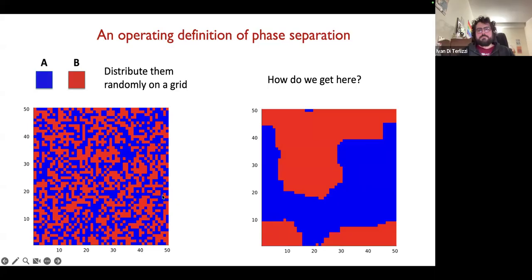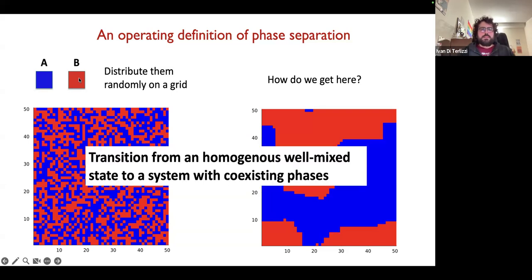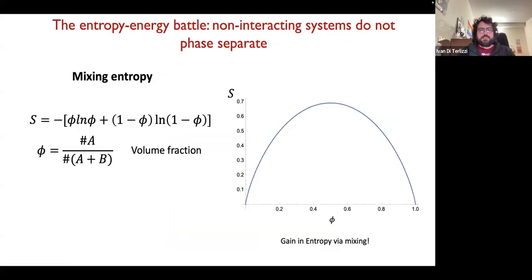A phase separated state instead would look something like this. You see you have these red regions and these blue regions. And the idea is, how do you get from this to this, given that at the beginning you don't have any interaction between A and B. So the first object needed to describe this kind of system is the mixing entropy.